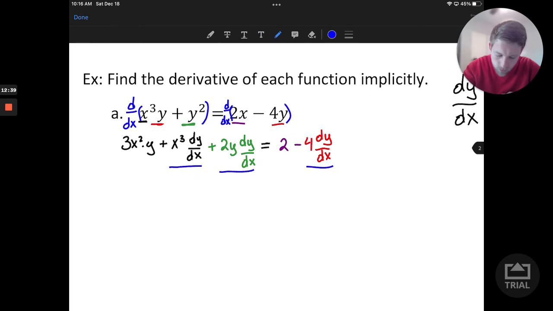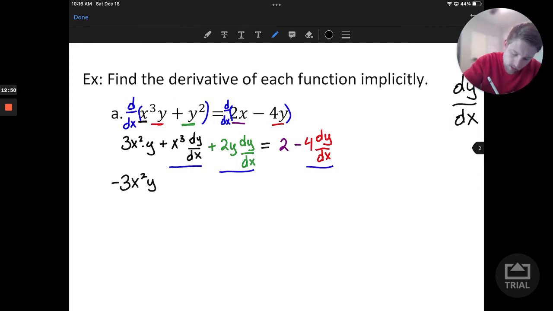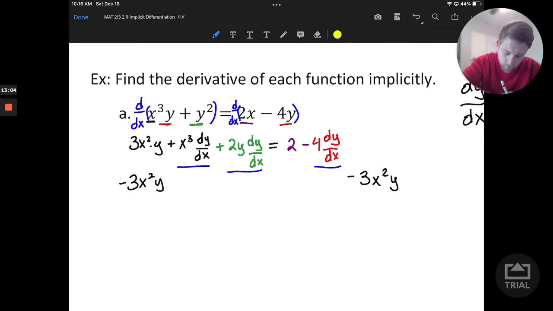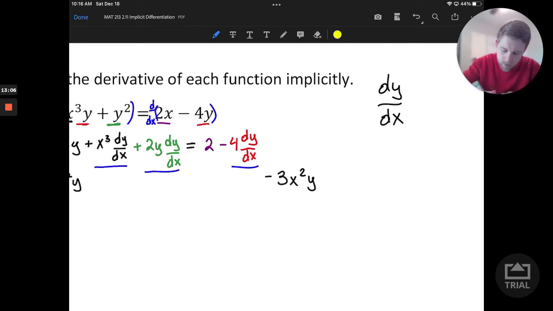So we're going to subtract 3x squared times y on both sides. And I'll just do the sum of the next term in the next step. So we have, especially for this one, just to see it.